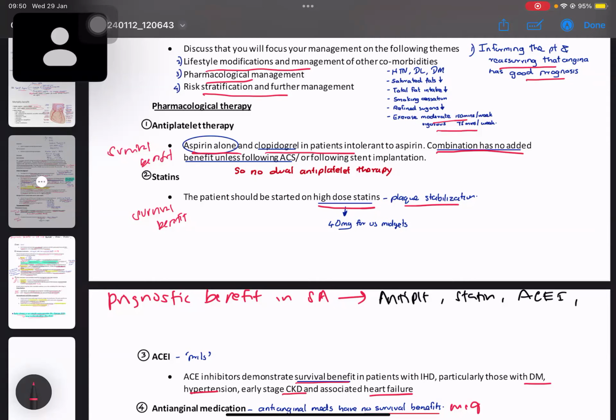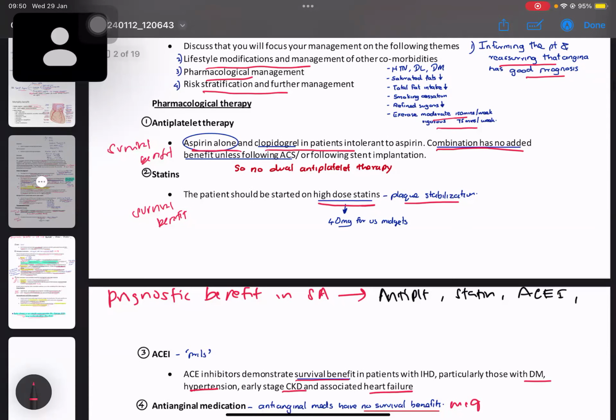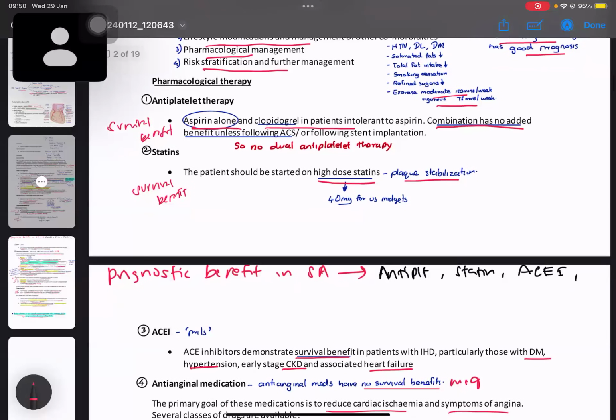Okay, we are using antiplatelet therapy for chronic stable angina, and usually in the Sri Lankan setup we give aspirin alone. Don't tell dual antiplatelet therapy, that's for acute coronary syndrome. Don't mix up chronic stable angina with acute coronary syndrome.